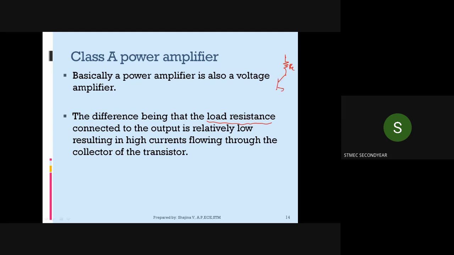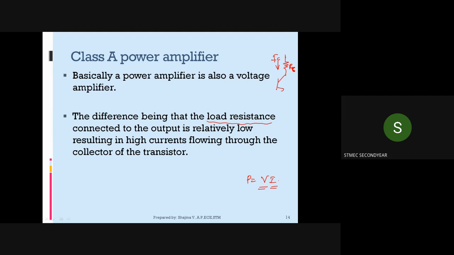Okay, so this resistance will be high for the case of normal voltage amplifiers. So if the resistance is very high, the current flowing IC will be low for the voltage amplifier case. Here, actually, we need power amplification, that is P equals V into I. So we have to get high voltage and high current.